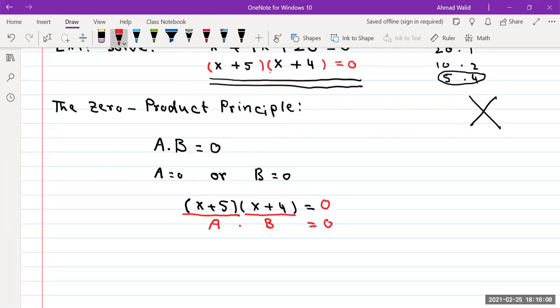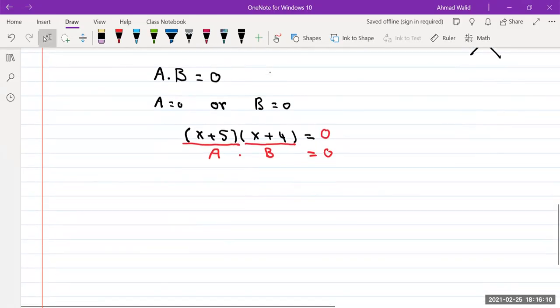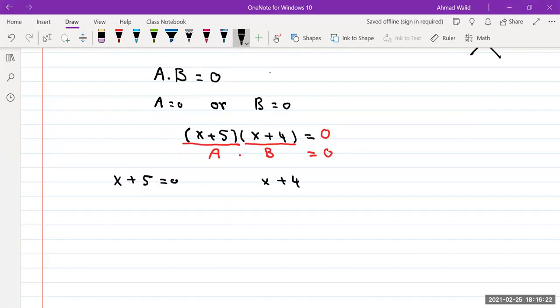Then I can apply the zero product principle, and immediately I can write x plus 5 equals 0, or x plus 4 equals 0. I know in the past, maybe your teachers told you that when you come to this stage, immediately set each parenthesis equal to 0. Correct. No mistake. Yes, that's the rule.